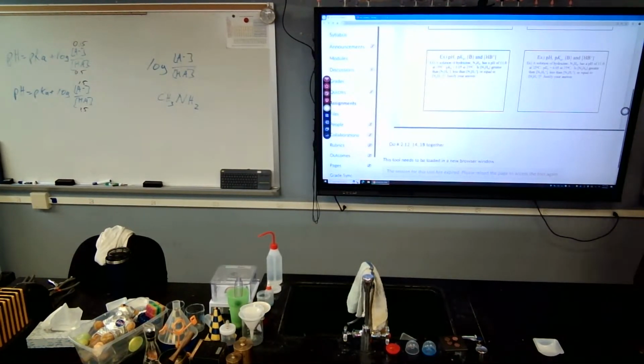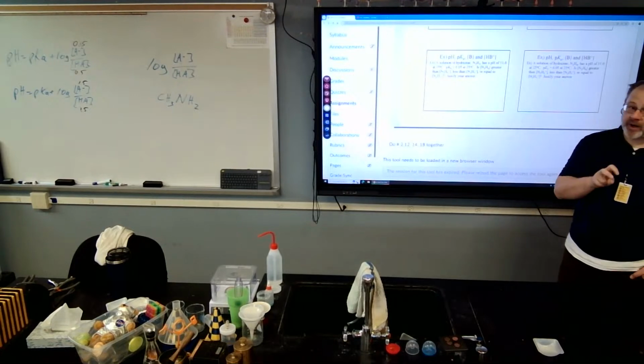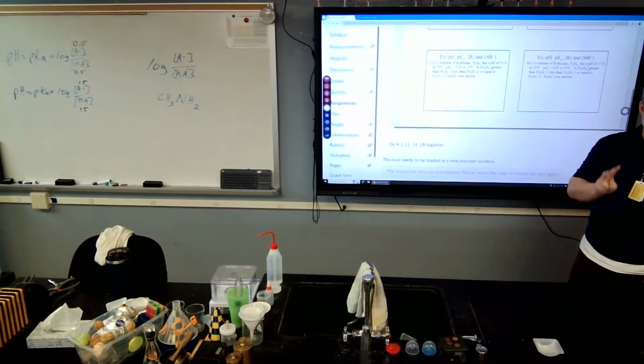Exactly. It is the unshared pairs on the nitrogen atom that strongly attract the proton, making it a weak base. It's a fairly robust weak base, but it's still a weak base. Is that clear? We talked about it yesterday, so I want to make sure we're comfortable with that.